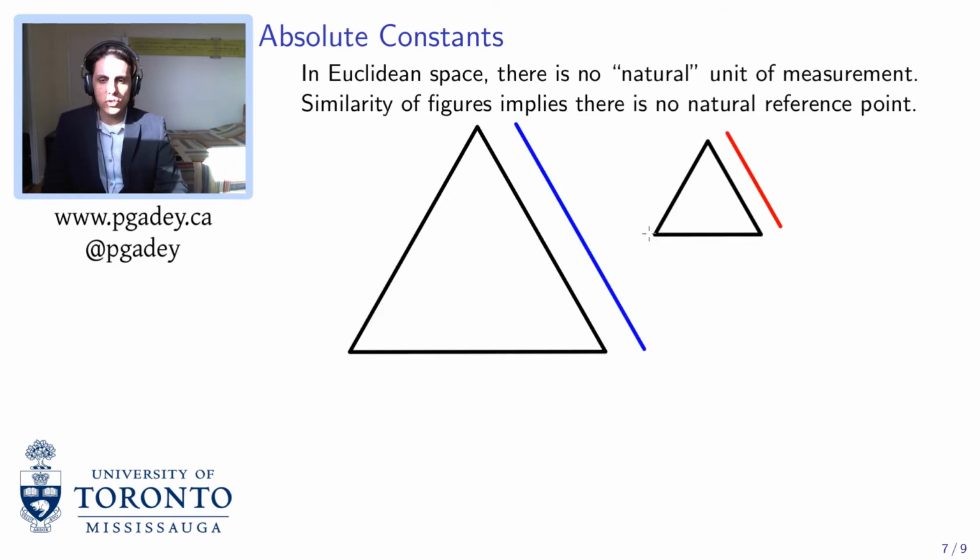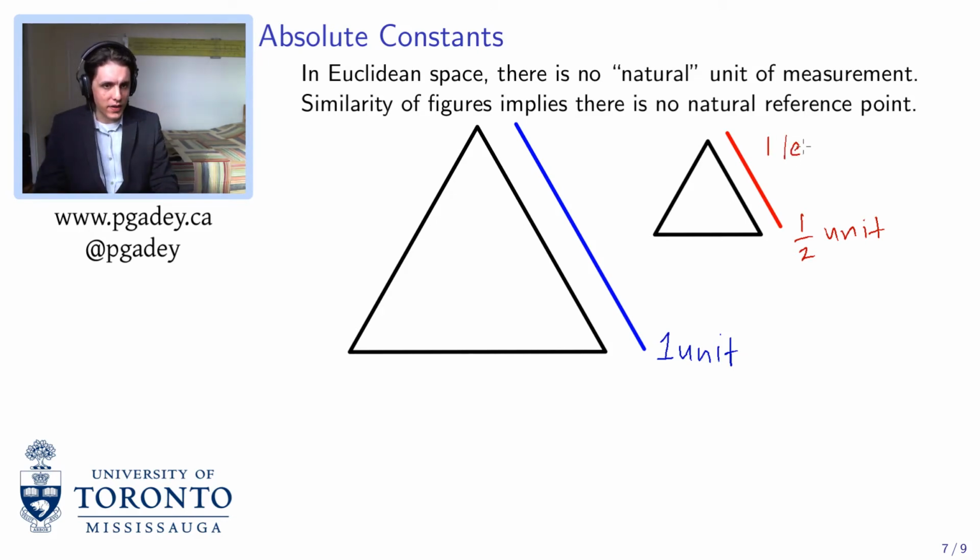So let's look at these two triangles, for example. If we call this length 1 unit, then this length here will become, say, a half unit. But we could just as equally call this red line our special defining unit.